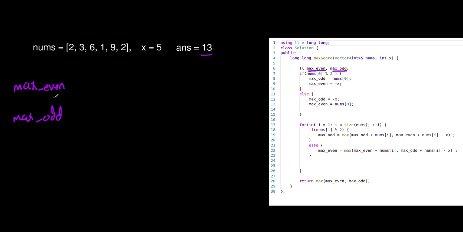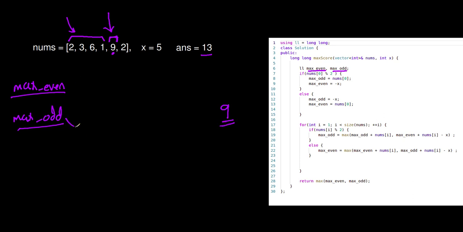Now we will use these two variables to calculate the answer for the current index. For example, if I want to calculate the score at this index, for this subarray we know the max even and the max odd. Now this number is odd, this is 9.